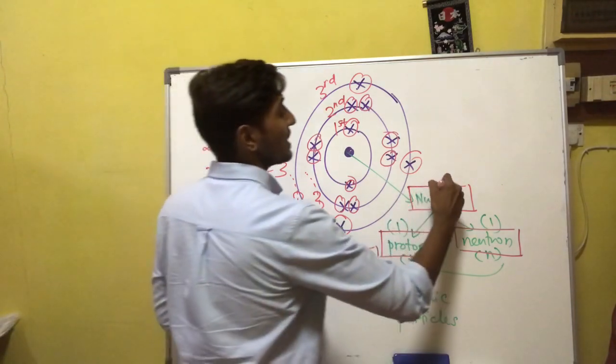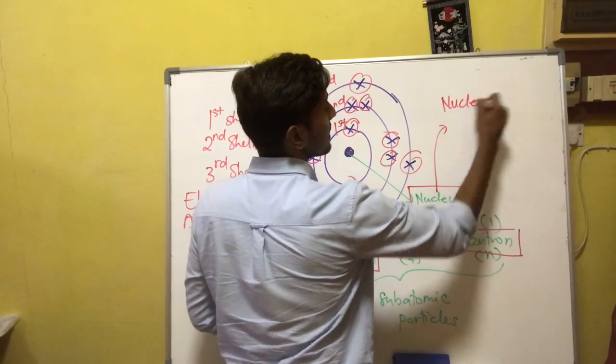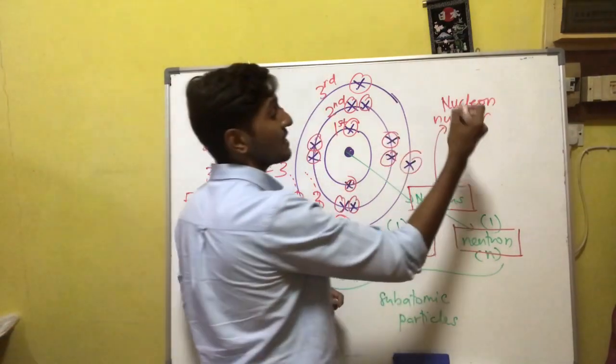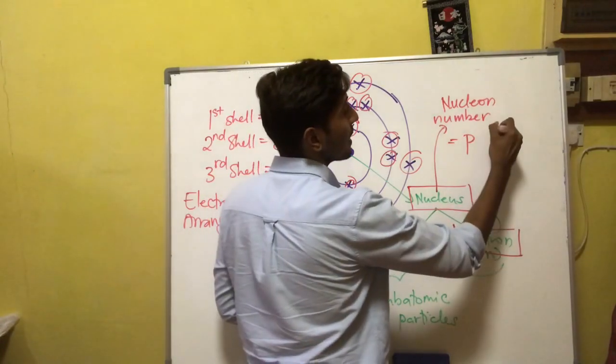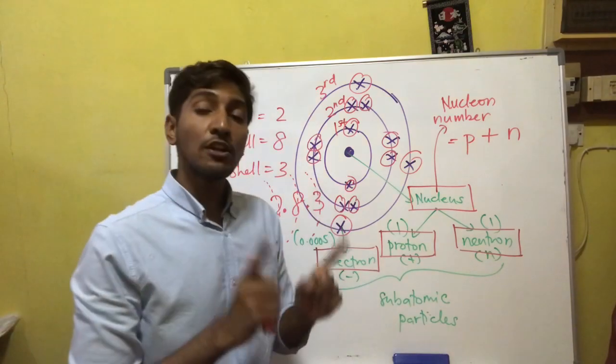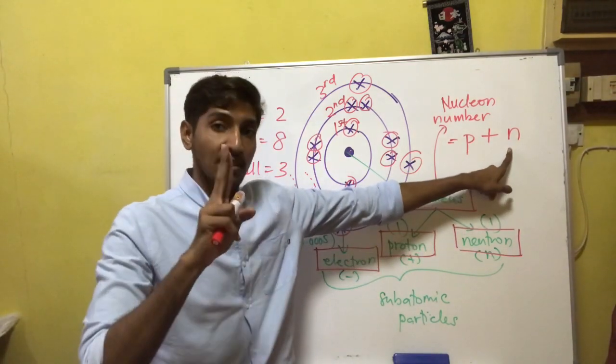Therefore, in the nucleus, we have something called nucleon number. Nucleon number is equal to proton added with neutron. So, nucleon number is the sum of proton and neutron together.